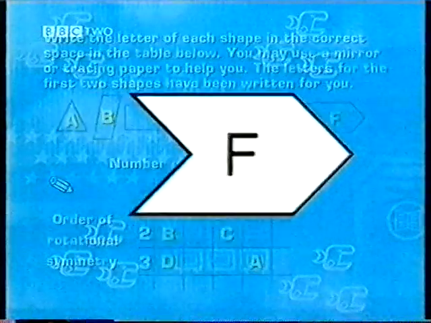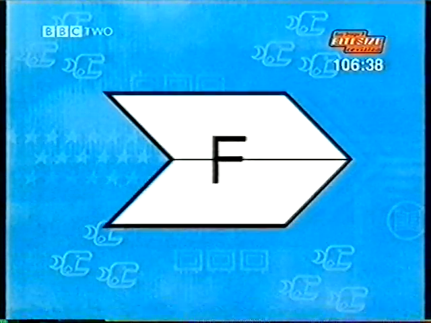And shape F? Finally, shape F. There is one horizontal line of symmetry you can draw so that one half of the shape will fold exactly onto another half of the shape, but no other lines of symmetry. Shape F has one line of symmetry. Rotate shape F, and it does not look the same again until here, back in its original place.